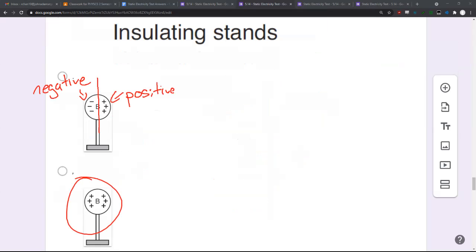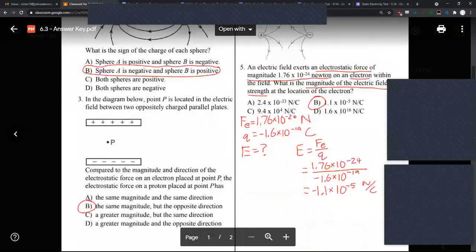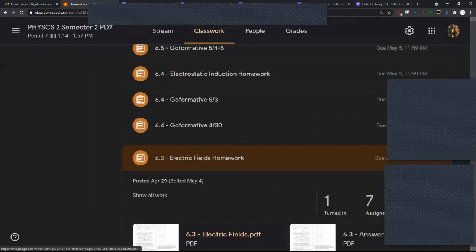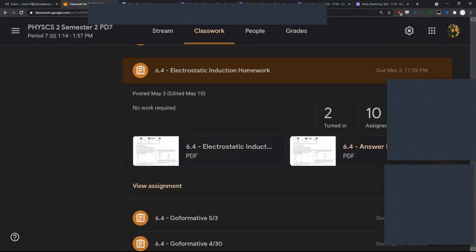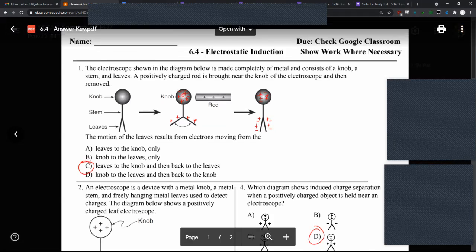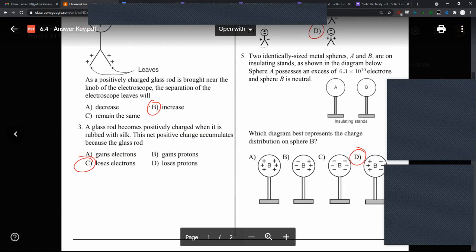The second choice right here is saying that both sides are positively charged, or rather the entire thing. Now, guys, this question, question 5 on your homework.